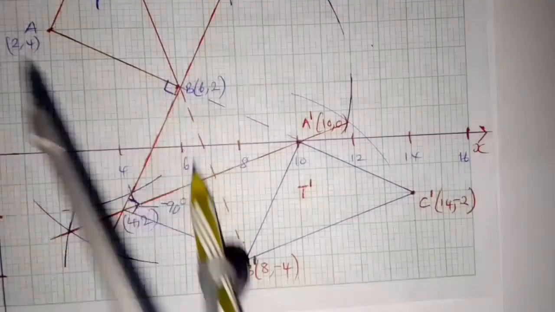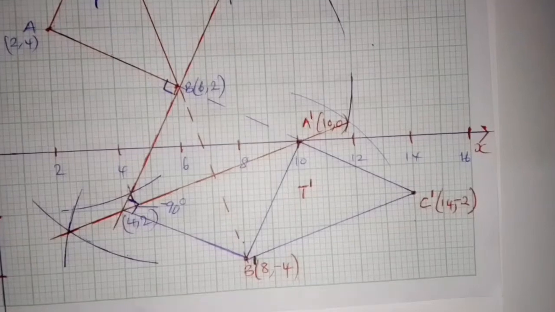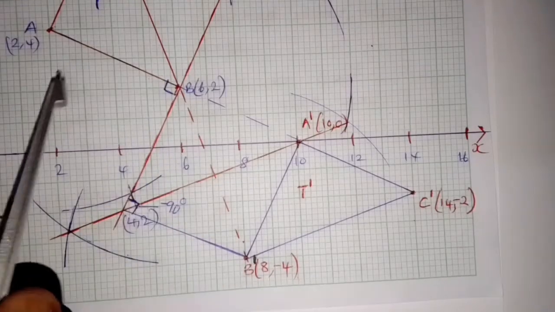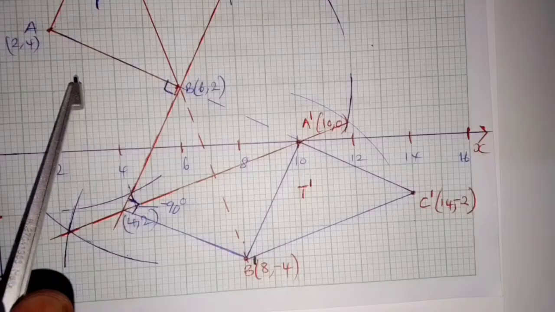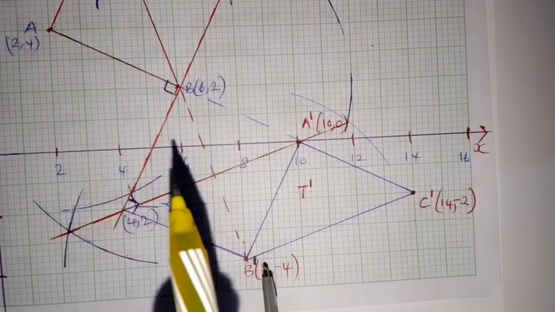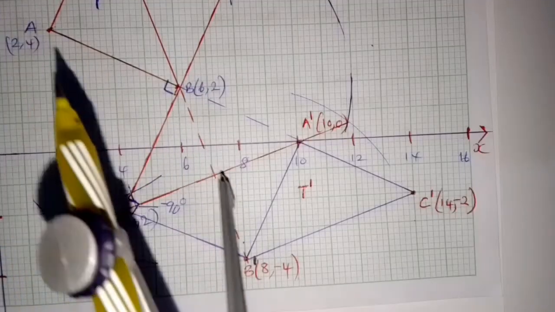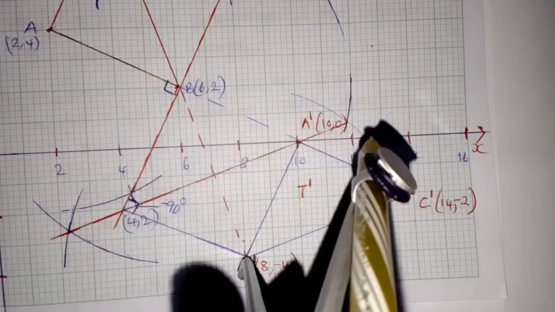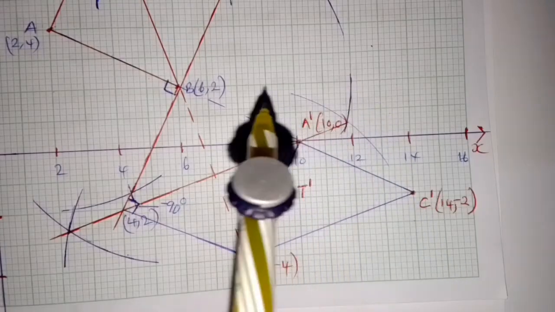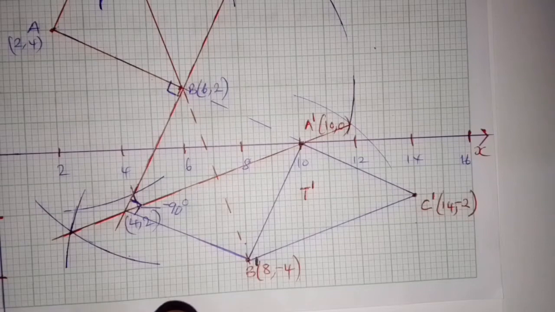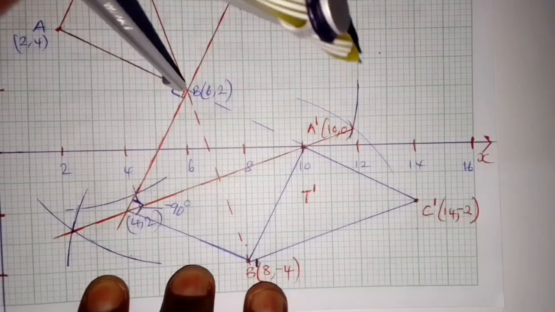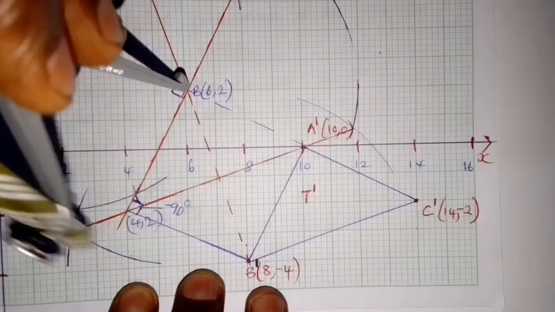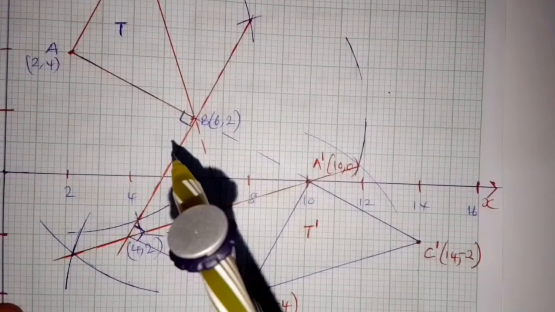Then we join B to B prime. Then we draw another perpendicular line to bisect B and B prime, like this, using points B and B prime.